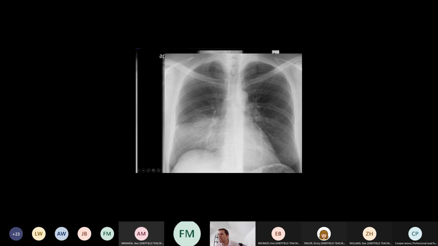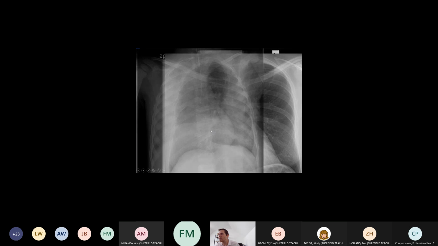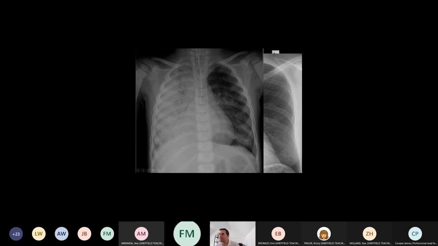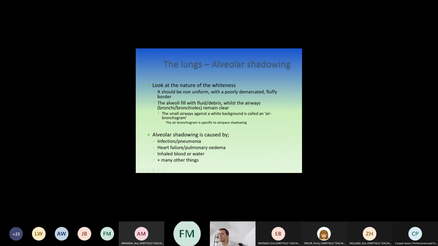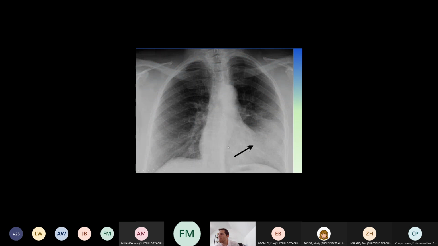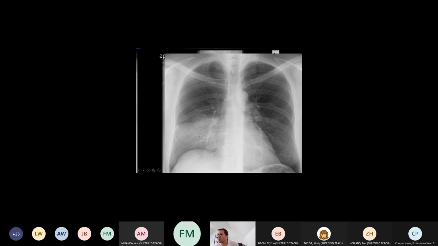But these are what we call an air bronchogram. So we're seeing the airways because we've created an interface between the air-filled airways and the fluid-filled alveoli.